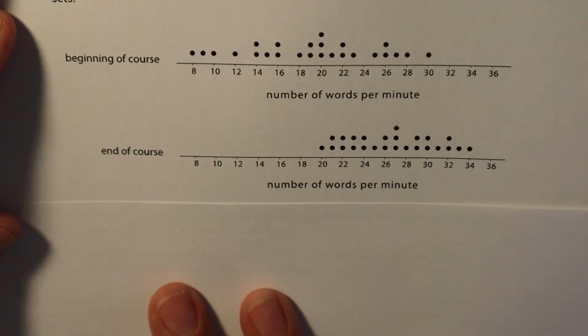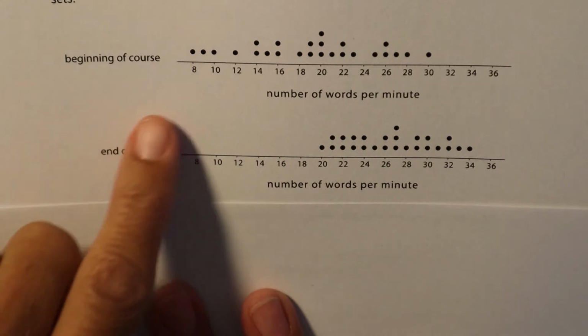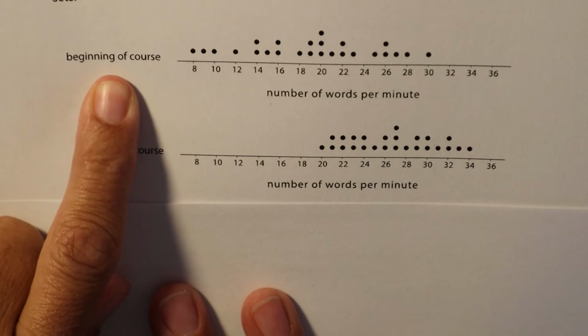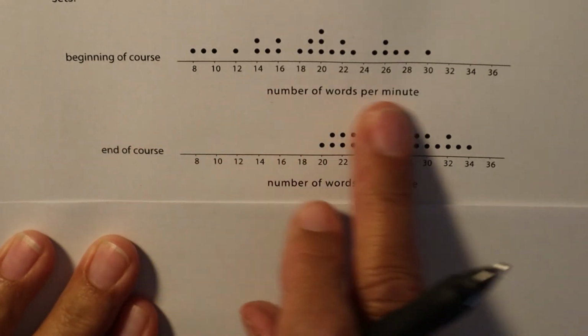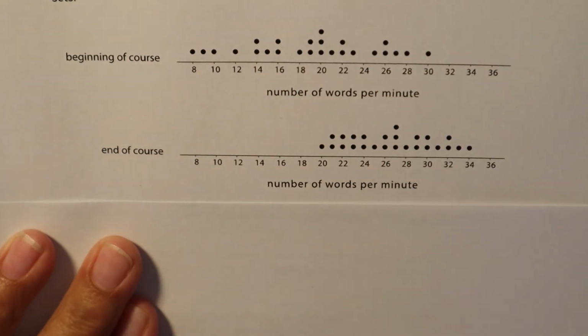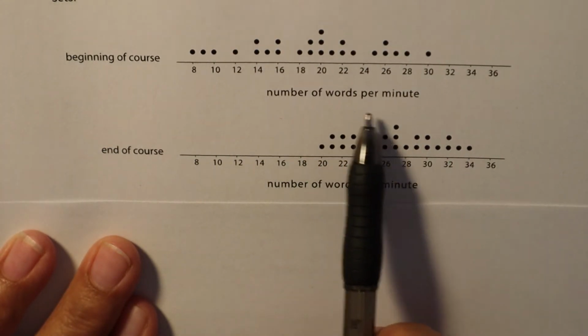This data is about a teacher who teaches a keyboarding class at school. And she was trying to figure out if students were able to improve after they took her keyboarding class. So the first dot plot was, like it says here, before the beginning of the course. So maybe the first day of class, this is what the students were able to type. And again, all these numbers represent words per minute.